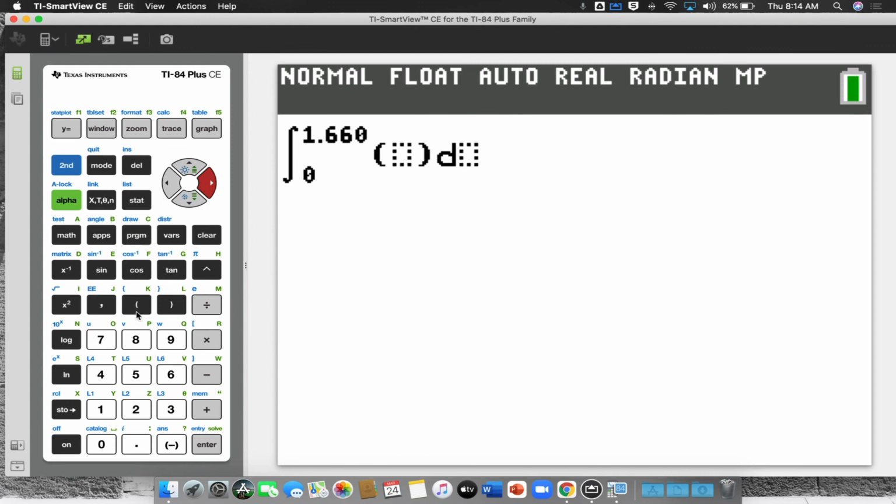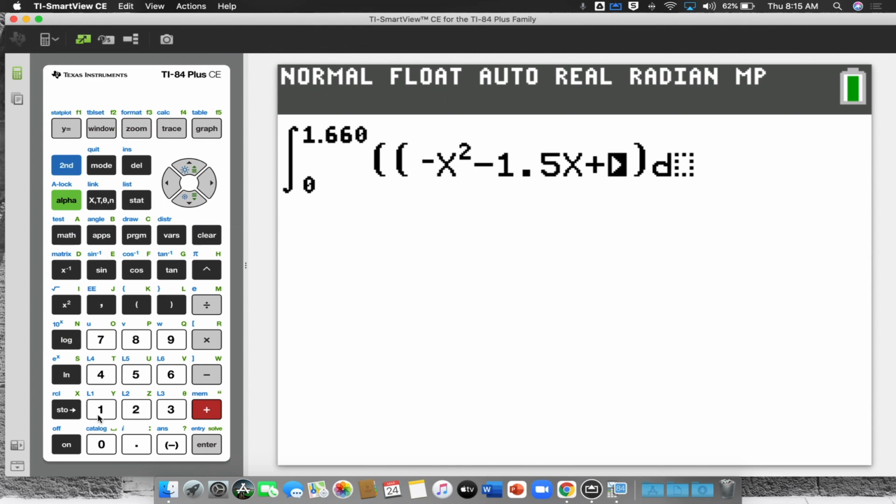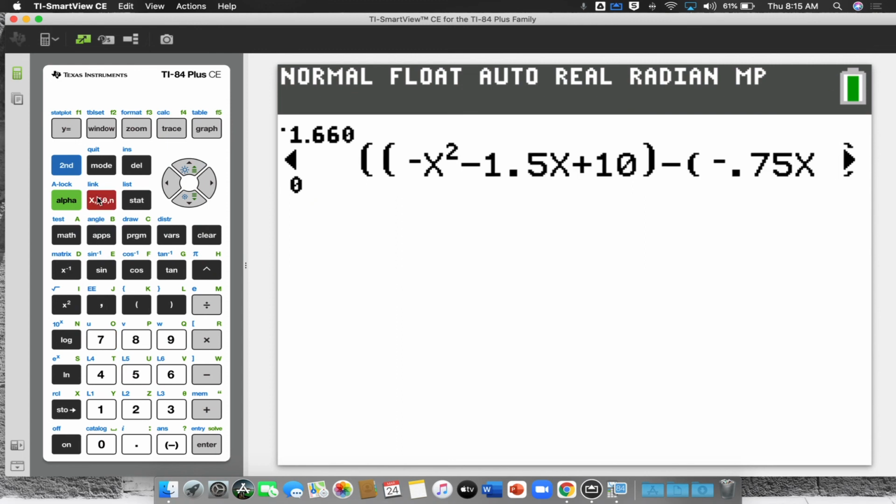Then parentheses, negative x squared minus 1.5x plus 10, minus negative 0.75x plus 6.